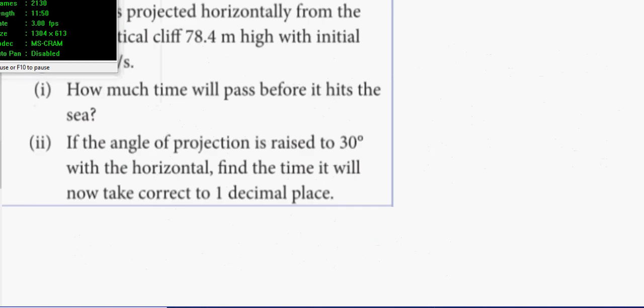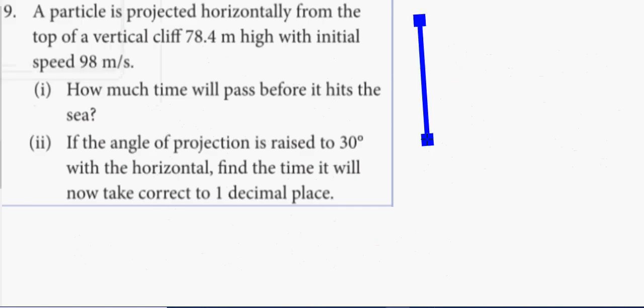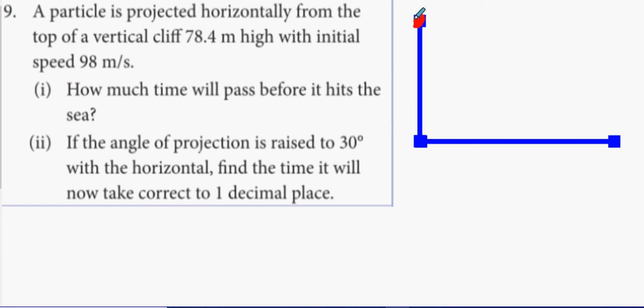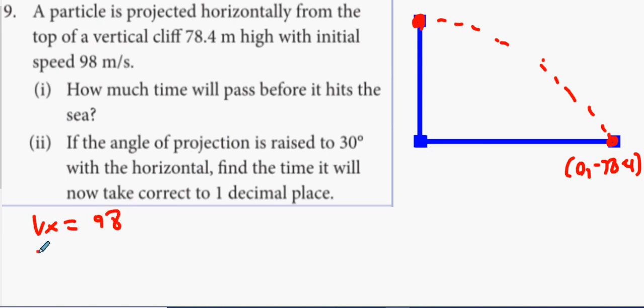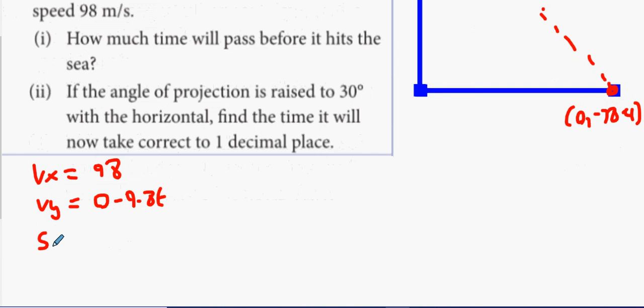Alright, first question is, both starting to get old at this stage. It's the same question, isn't it? So, it's 0 minus 78.4. And you get fired horizontally and you fall to the bottom. Your Px is 98. Your Py is 0 minus 9.8t. Your Sx is 98t.